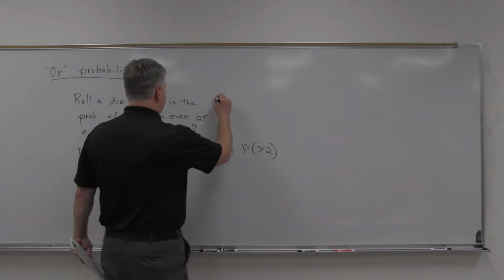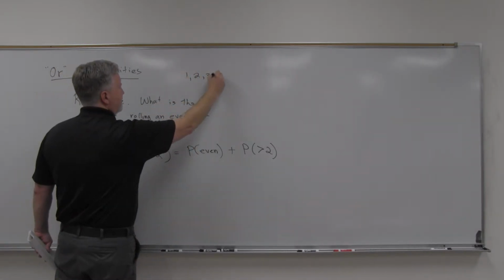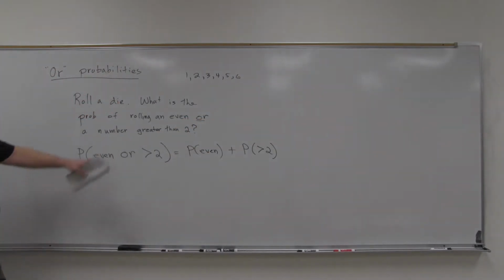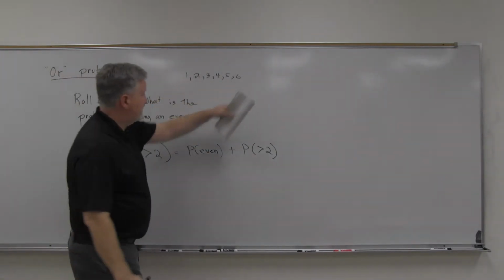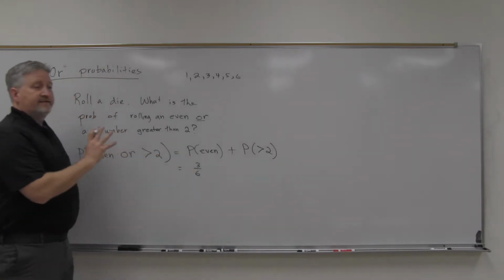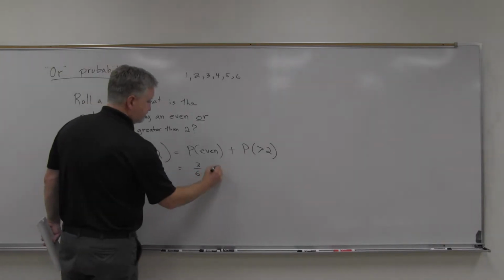I'm rolling a die, so there's only 6 possibilities, 1 through 6. The probability that it's even, well, you've got 3 out of 6, and we'll leave that unsimplified, because we're going to have to add fractions. It'll work out better if we don't simplify it.